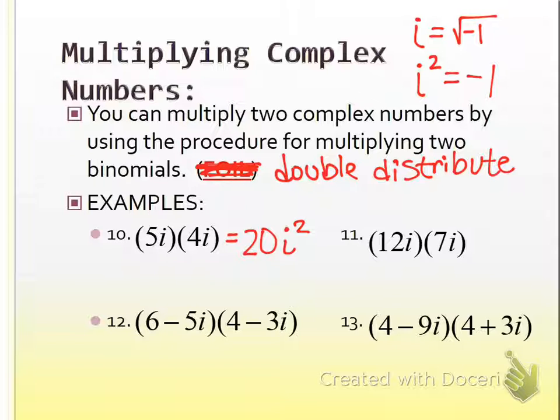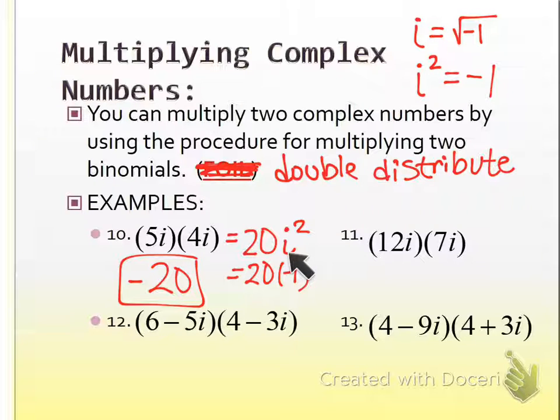So that means that we are taking 20 times negative 1. So it's negative 20. Very good. So the answer on this one is actually negative 20. No, we don't put i, because instead of having i squared, we replaced it with what i squared equals, which is negative 1.